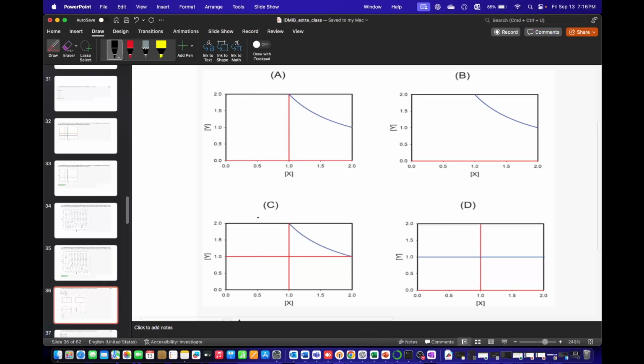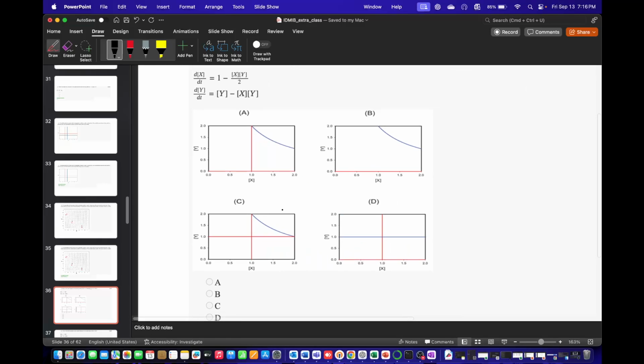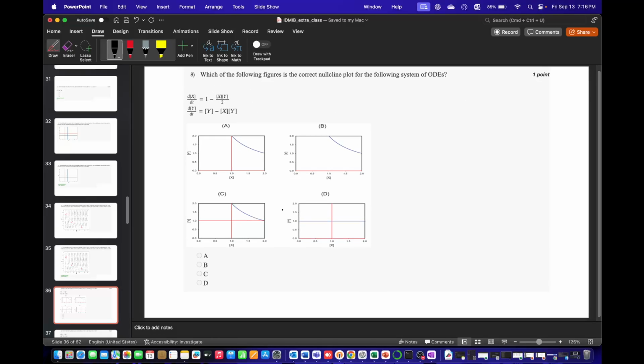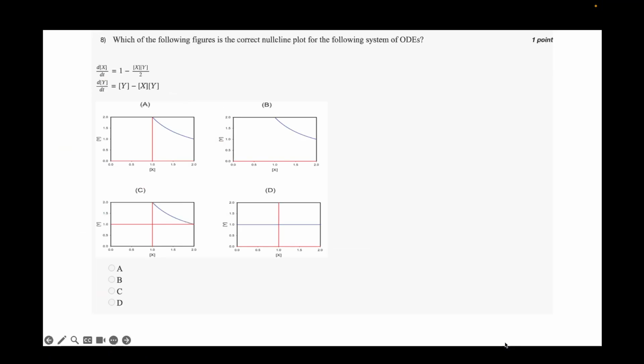This is the x-axis that has been marked, and x equal to 1 is the one that has been marked. So the correct option is option A, not option C. In option C, it's exactly the same, but instead of y equal to 0, y equal to 1 is marked. This is y equal to 1, this is not y equal to 0. y equal to 0 is here, the x-axis, right? So option A is the correct one. Understood? Yes. Okay.